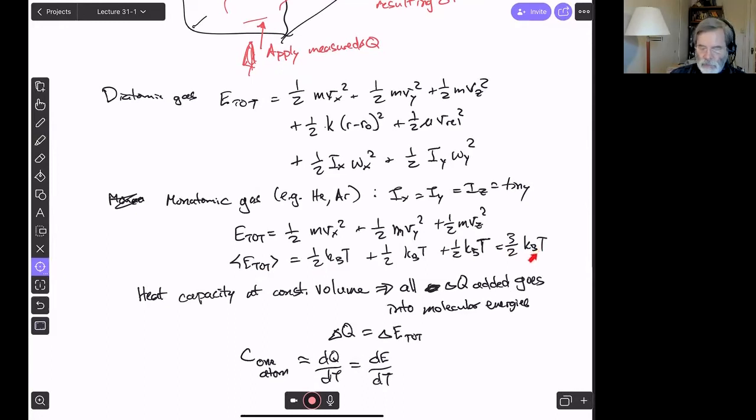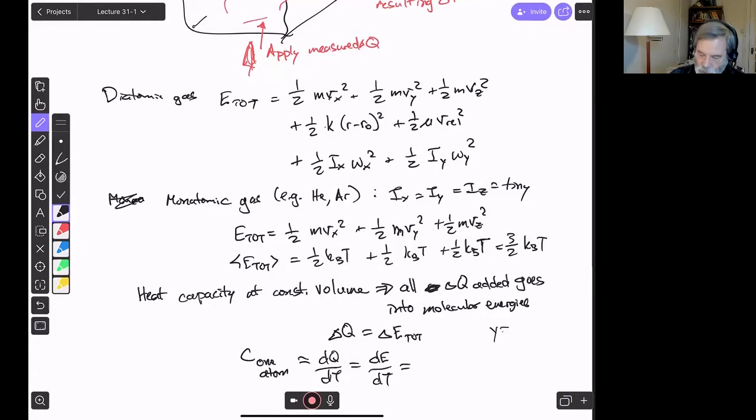So when I take the derivative of that with respect to temperature, what do I get? It might help if I substituted different symbols.